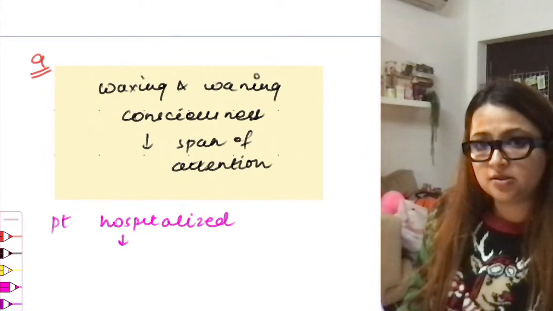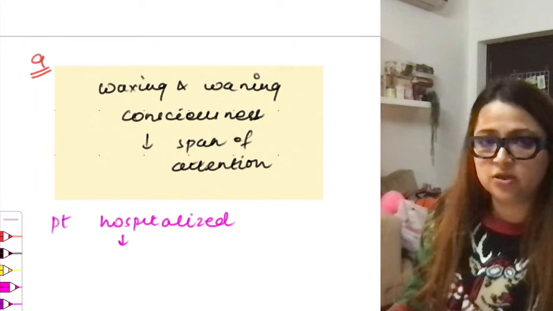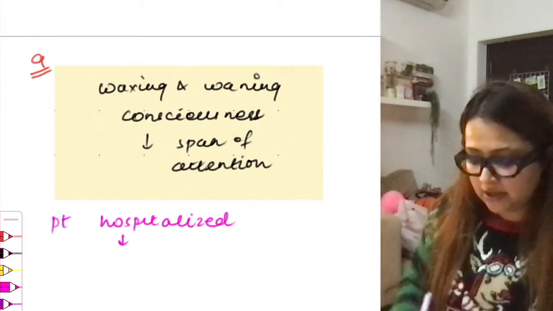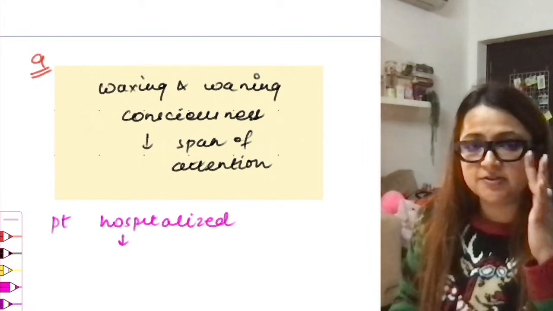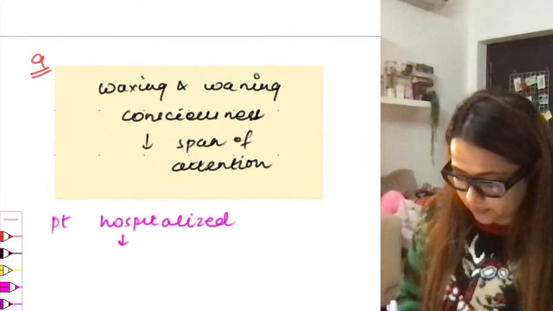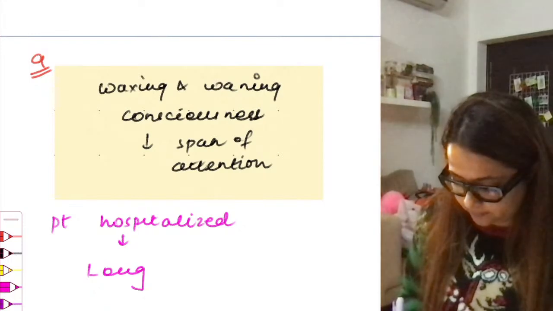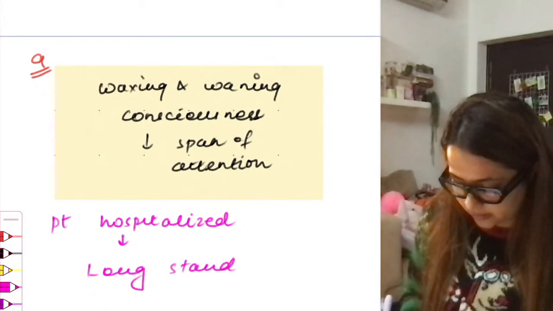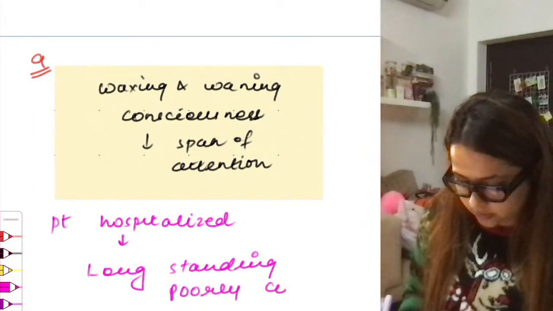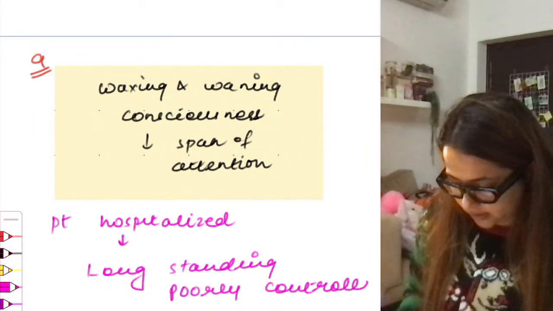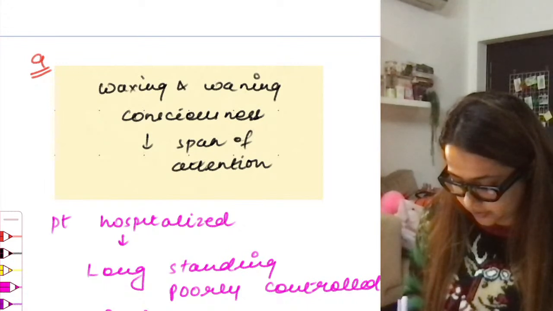That means the patient is gaining consciousness and then losing consciousness time and again, and is not able to be attentive enough. Mental status is altered. And the patient is having long-standing, poorly controlled diabetes. What is the answer here?